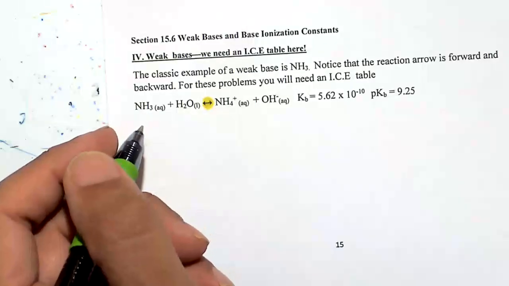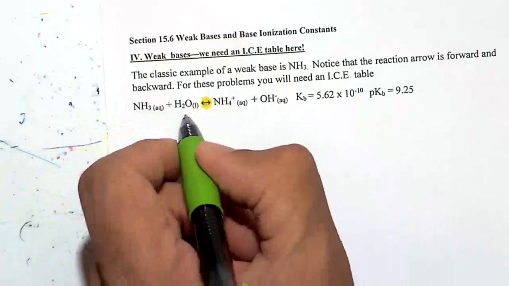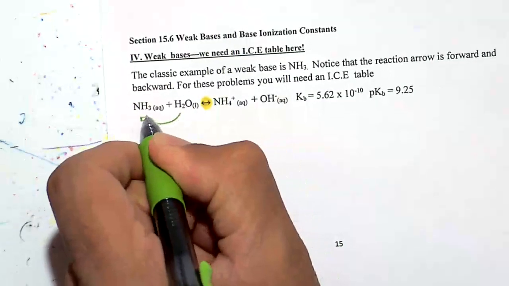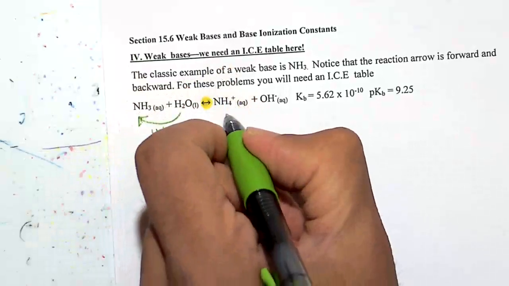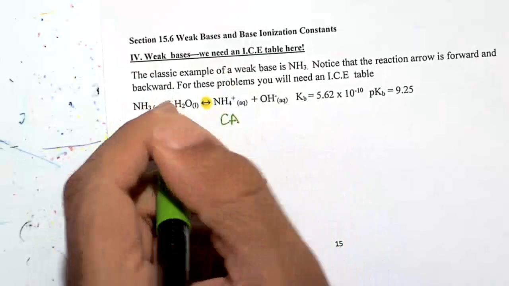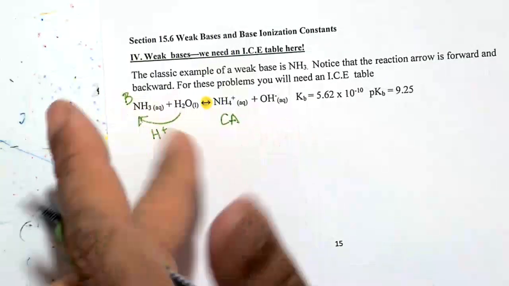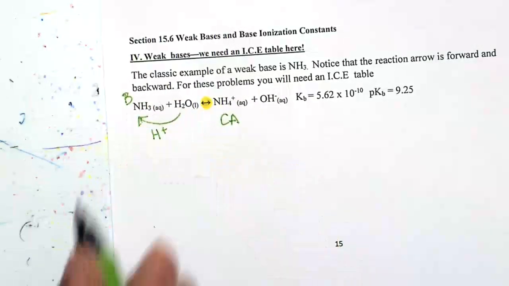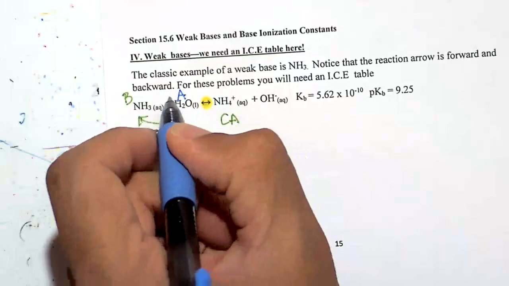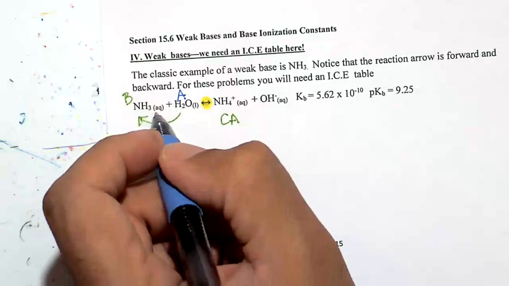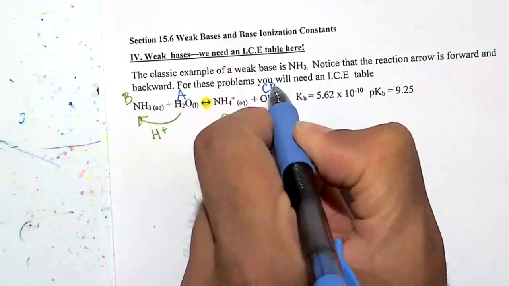The acids react with water, they give the proton. The bases react with water, they take the proton. So it's going to take a proton, and when it takes the proton, it becomes the conjugate acid NH4+, the ammonium ion. This is the base and its conjugate acid. H2O gives up the proton, and as it gives up the proton, it gets transformed to OH minus, and that's the conjugate base.